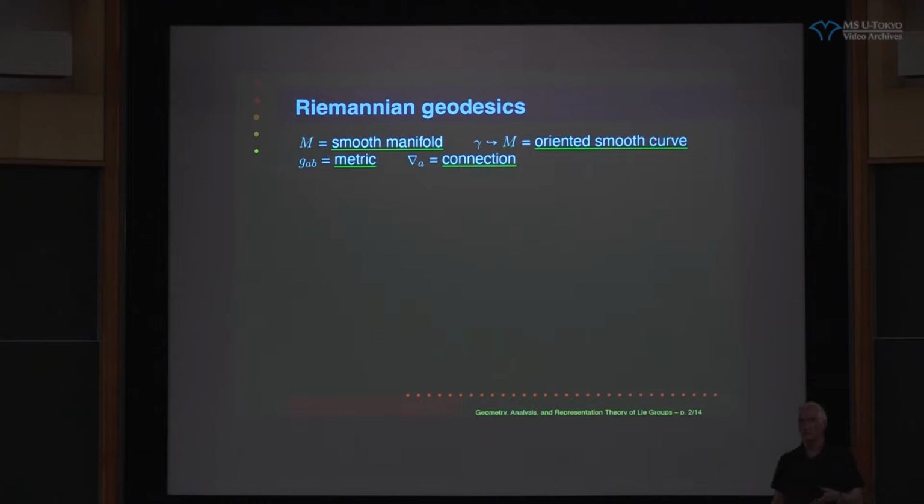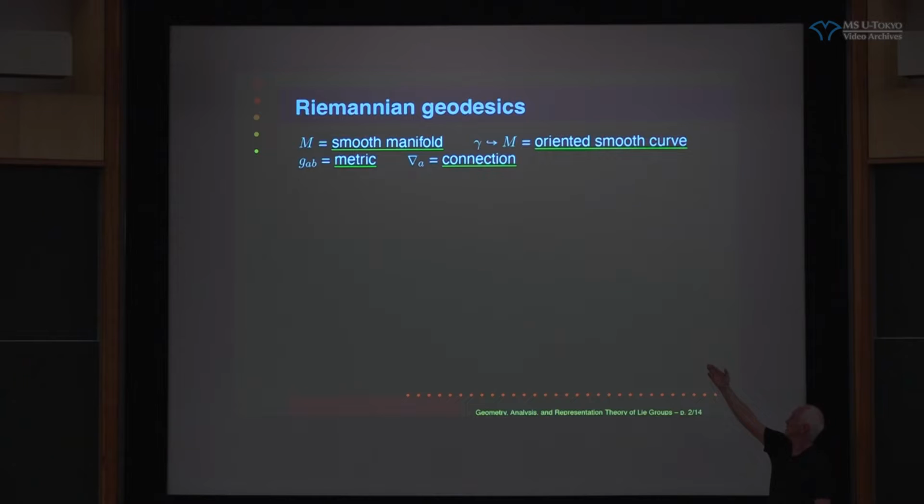A good way of setting this up is you start with a metric, and by the way, when I write things with indices on, like g_ab, I'm not referring to something in local coordinates. It's a reminder that if you do express things in local coordinates, it has a couple of indices on, like that.